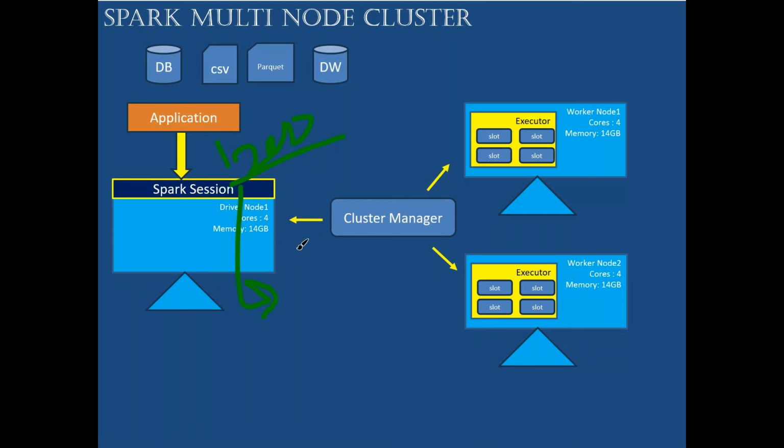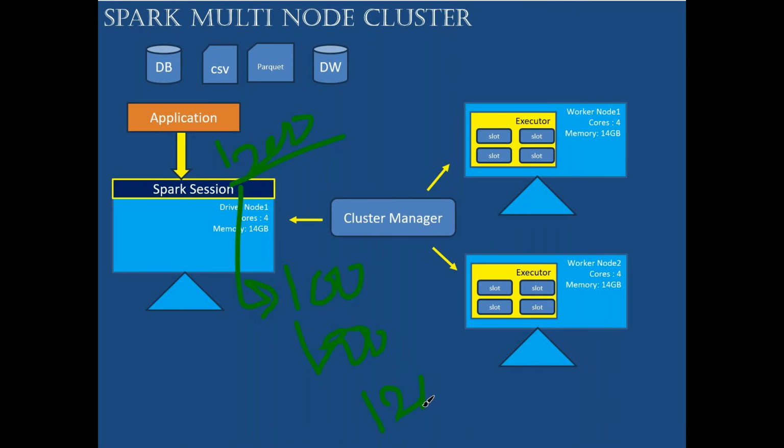I think the efficient way is to divide them into 100, 100, 100. If it is divided into 100 each, how many partitions will come in total? 12 partitions. 12 partitions means 12 tasks that we have.